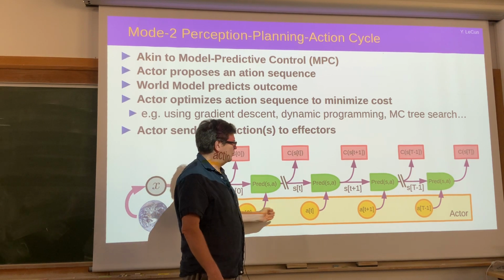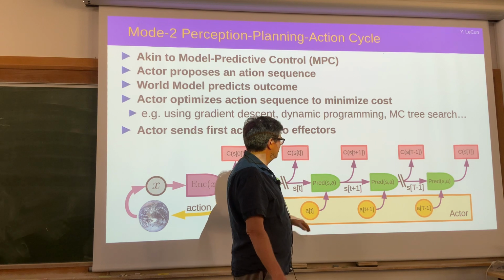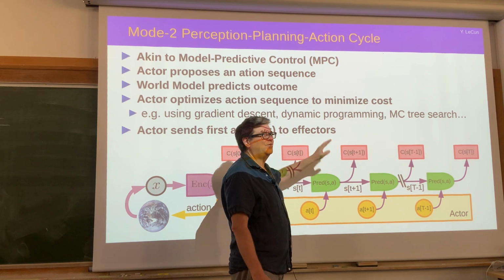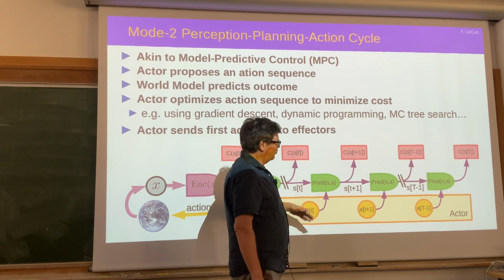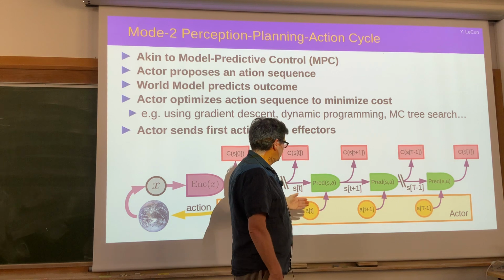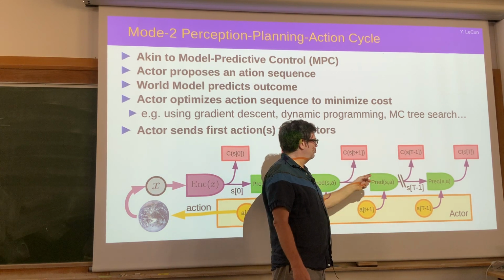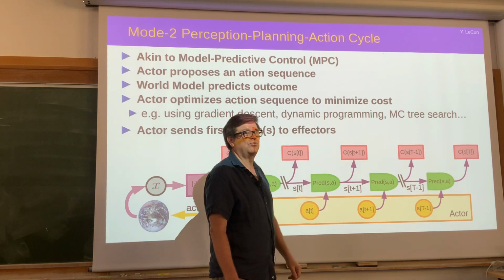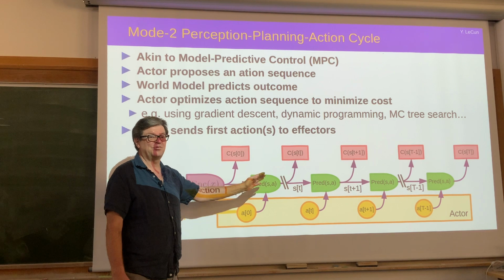You can try to find a sequence of actions, perhaps using one of the methods that Francis talked about this morning, but those things are highly nonlinear, non-convex, and so on. So perhaps with gradient descent or with dynamic programming or with other techniques, you can find a sequence of actions that will minimize the overall cost given the predictions that your world model produces. Okay, and this assumes basically a deterministic world, which of course is not true.